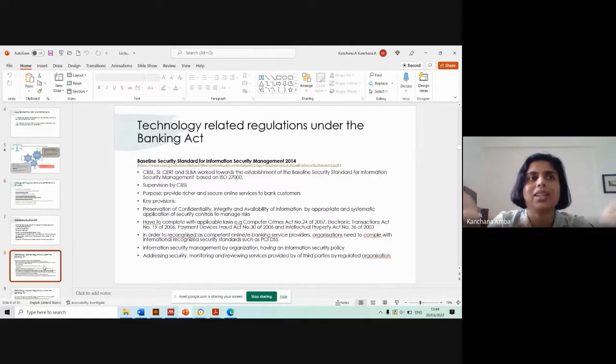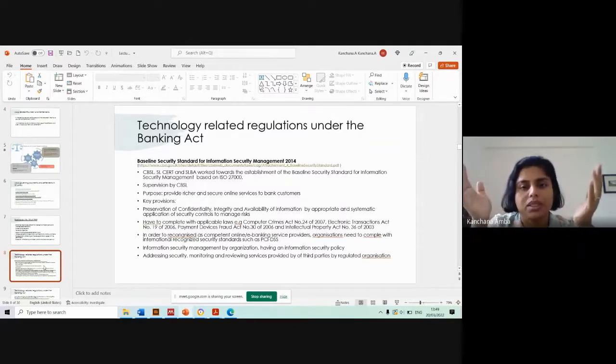Whoever connects into the bank has to make sure that they are connecting to safe third parties, and that all the apps and any other development they do are safe. One of the regulations that govern the technology area is the baseline security standard. This applies to the larger banks, and not only to payment systems but to all the systems of the bank.